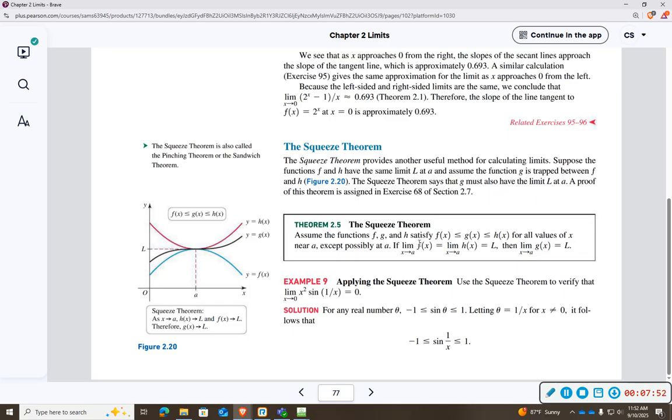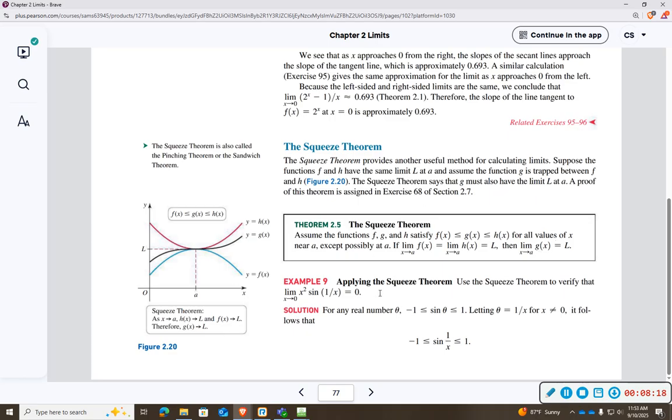It says if the limit of f of x as x goes to a is equal to the limit of h of x as x goes to a, so the least function and the greatest function are equal to each other as we get close to a, then consequently g, the function that is trapped in between them, also has to have a limit of L as x gets close to a.